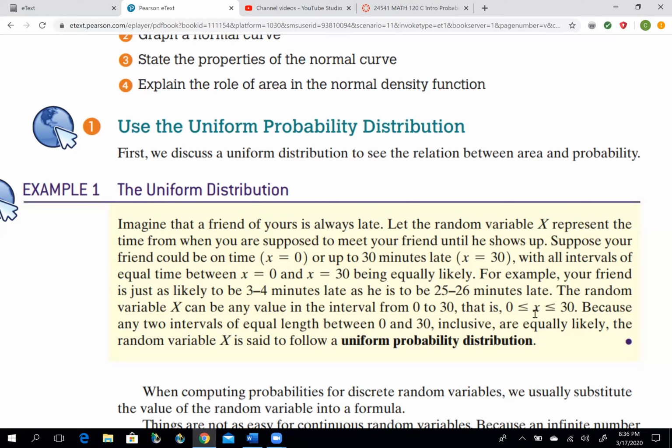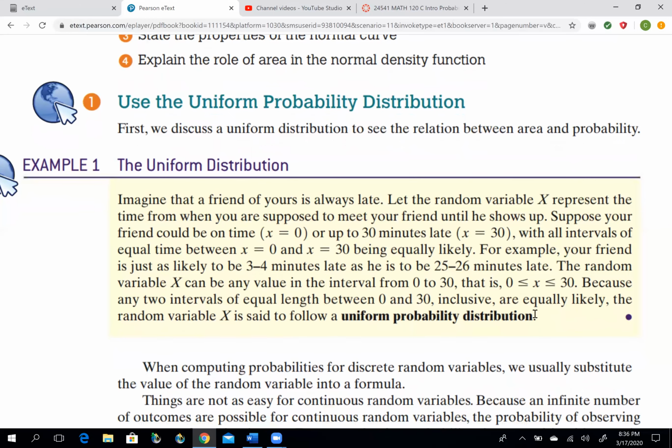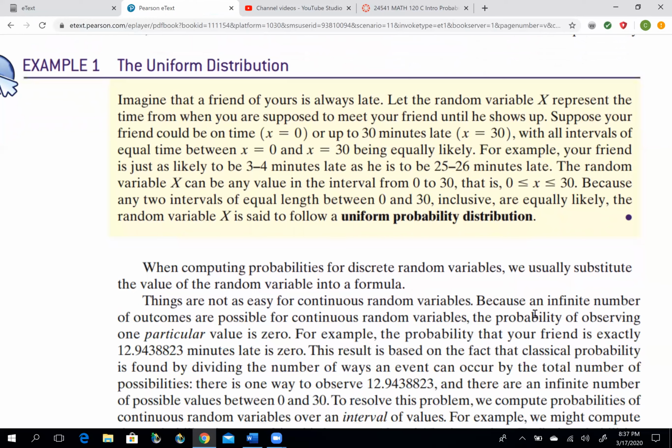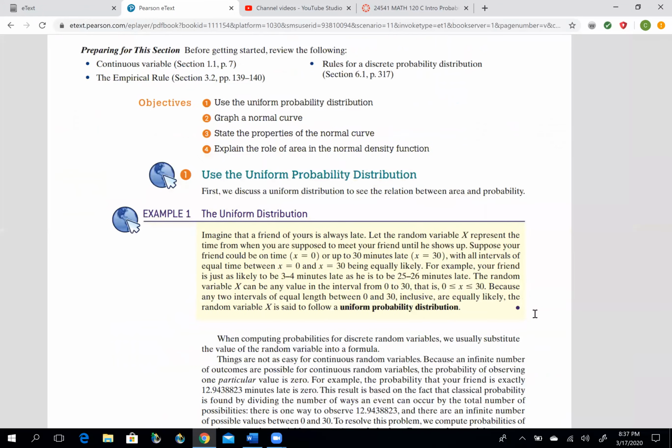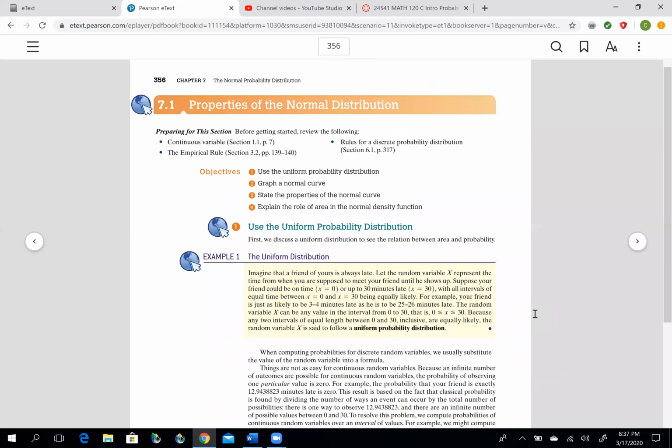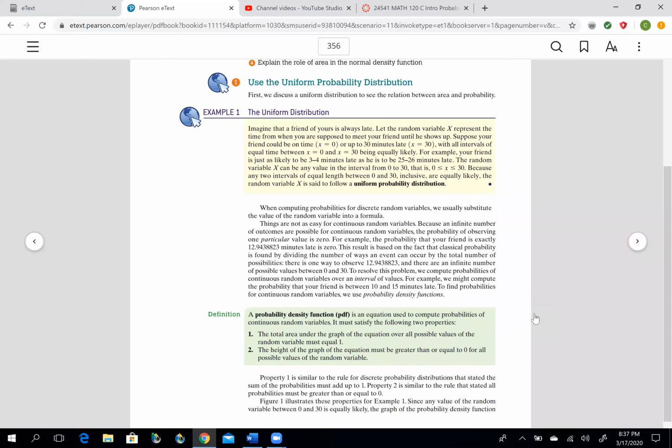Because any two intervals of equal length between 0 and 30 inclusive are equally likely, the random variable x is said to follow a uniform probability distribution.